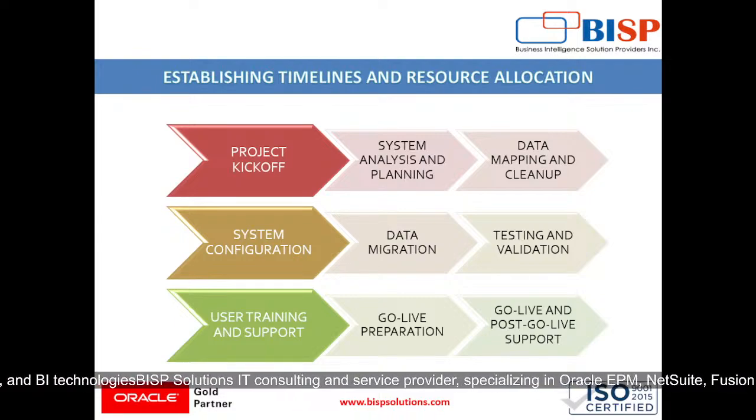And establishing timelines and resource allocation, which means first is project kickoff, which means finalizing project goals and scope with a timeline of 1 week, and identifying stakeholders and forming project teams. Then analyzing system and planning, which will take 2 to 3 weeks, where we will analyze the current QuickBooks setup, which means COA, modules, integrations like that.